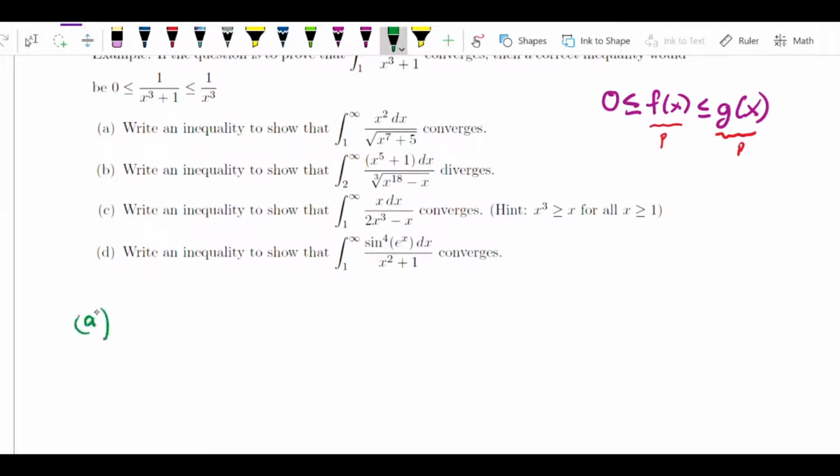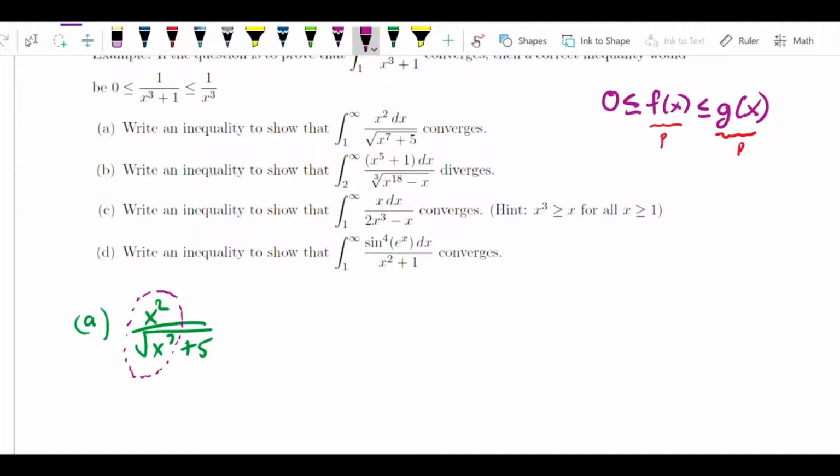Let's do a, which is the integral from 1 to infinity of x squared over the square root of x to the 7th plus 5. I want to show that that converges. So the first thing to do is try to get an intuition of what the p integral is going to look like. The answer is that we want to focus on the highest powers in the denominator, taking into account all roots.